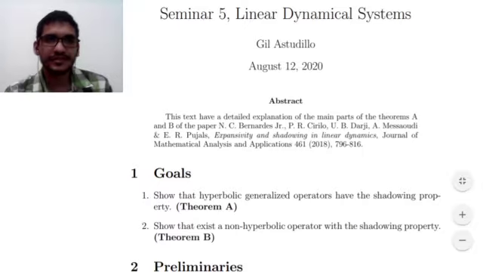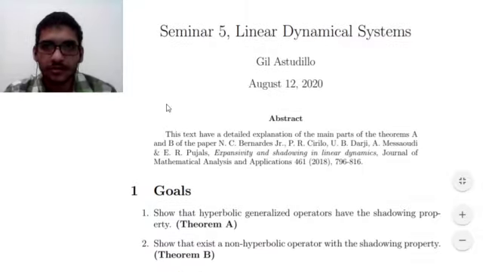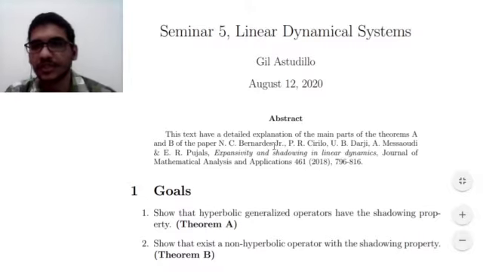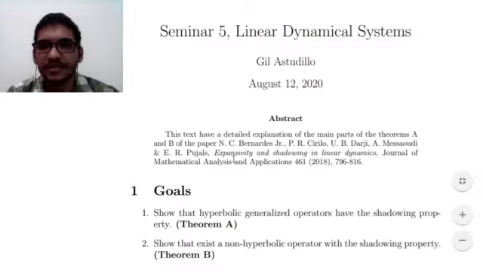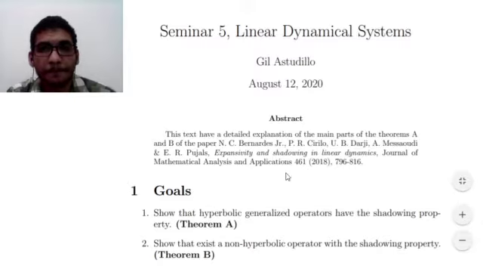I prepared these slides that you are seeing now. These slides have a detailed explanation of the main parts of Theorems A and B of the paper of Bernardes, Cirilo, Darji, Messaoudi, and Pujals. The title is Expansivity and Shadowing in Linear Dynamics, from the Journal of Mathematical Analysis and Applications.